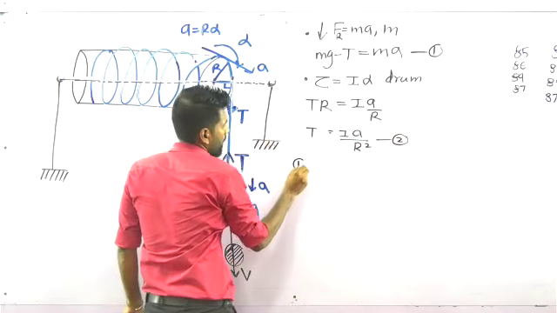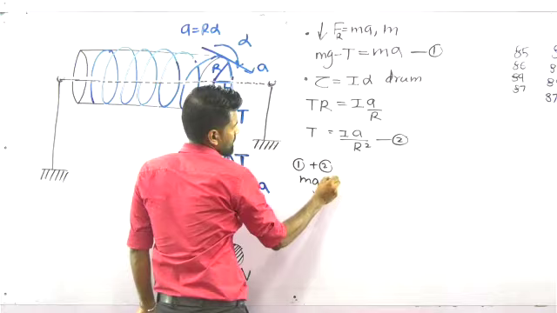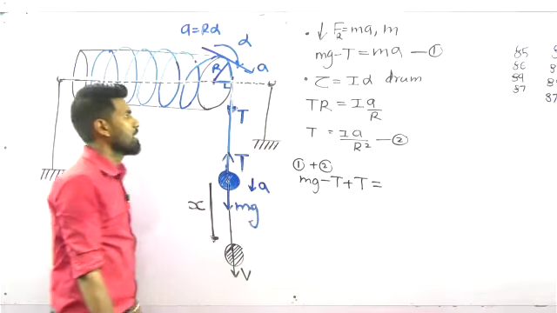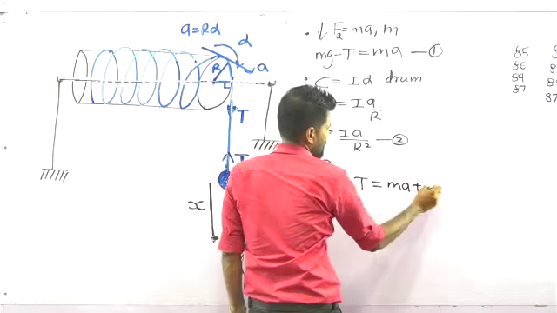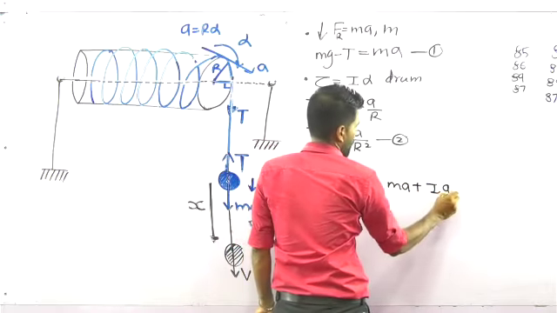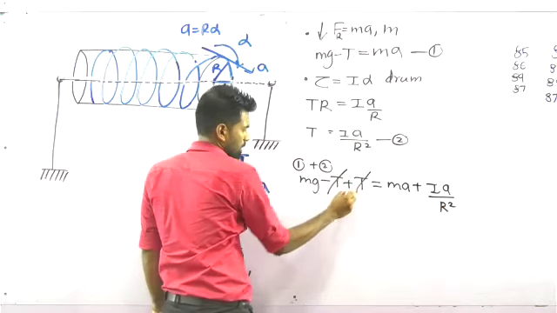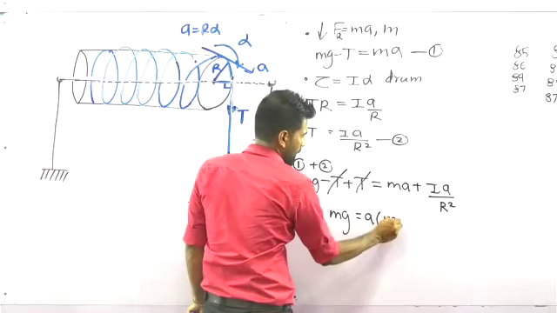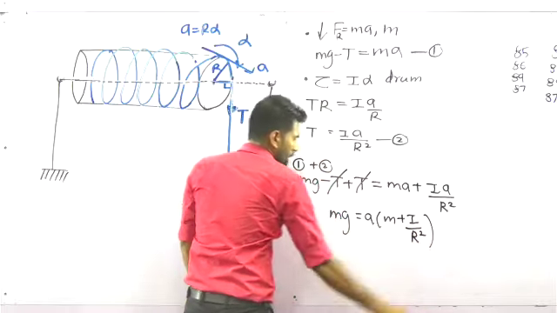Adding them, 1 plus 2: mg minus T plus T on one side, and on the other side m a plus I a over r square. T cancels out. So mg is equal to a taken outside, m plus I over r square.